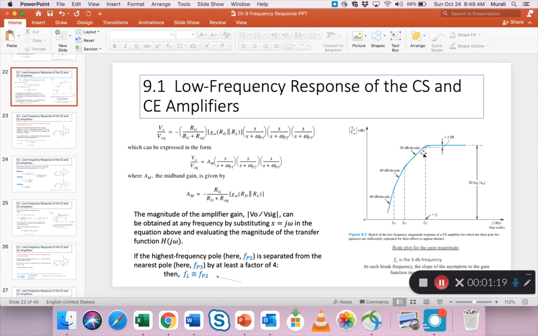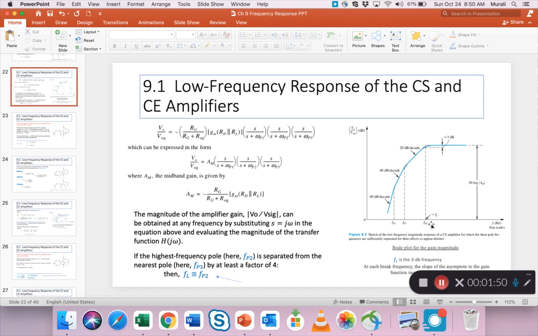That low limit, also shown as FL in this drawing, generally is tied to FP2, which comes about, like I said, from the capacitor we used to bypass either the source or the emitter in case of the BJT.